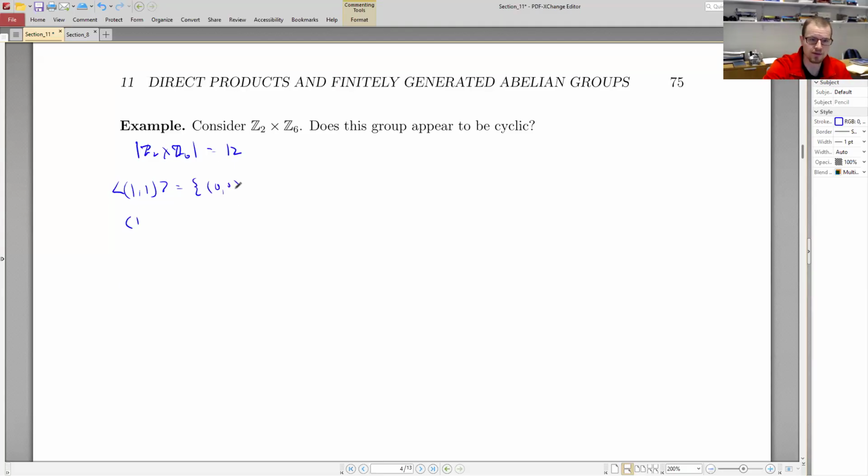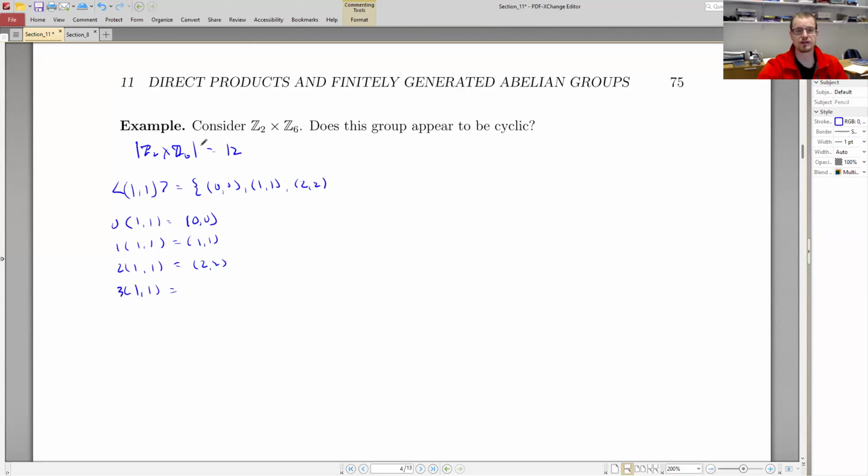So I know 0, 0 is in there. 0 times 1, 1 is just 0, 0. 1 times 1, 1 is just 1, 1. 2 times 1, 1 is just 2, 2, right? Nothing crazy yet. 2, 2. Excellent. 3 times 1, 1 is going to give us 3.